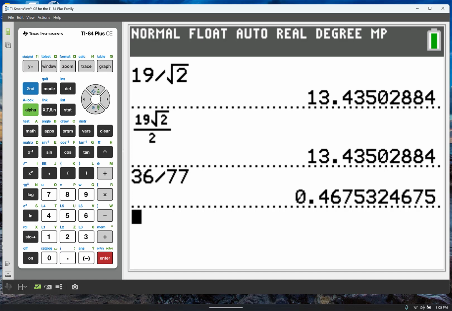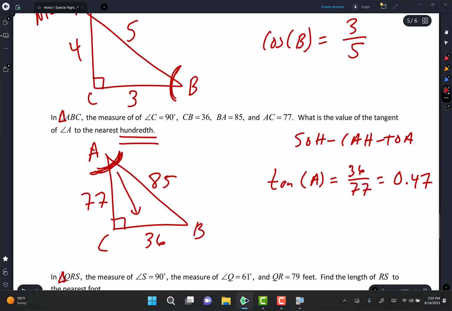If I said truncate to the nearest hundredth, so we're not rounding, we're just truncating, you would have written 0.46. What word did I use? Truncated. So remember that. Truncated, 0.46.